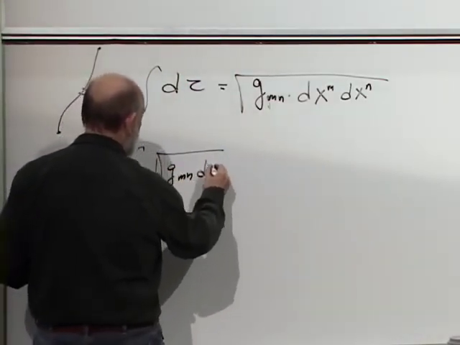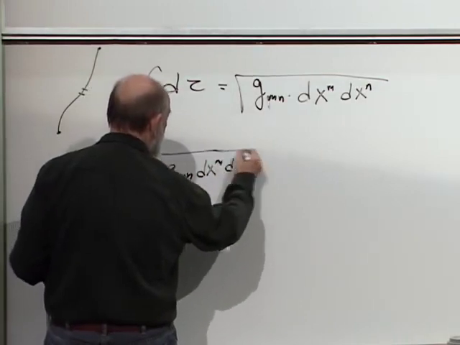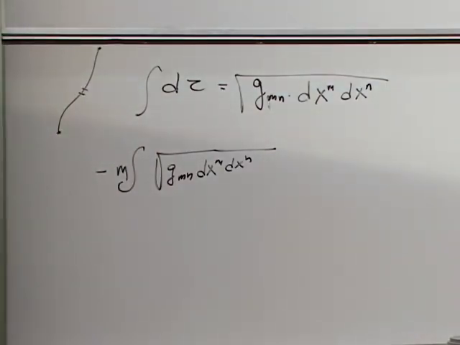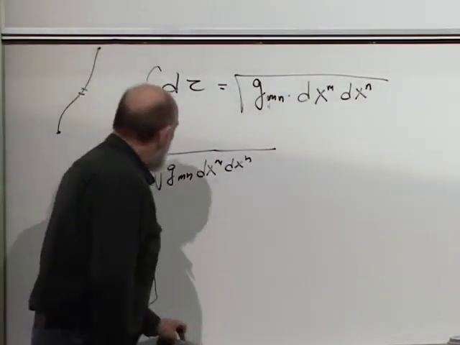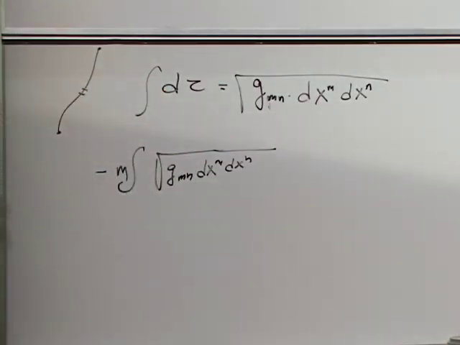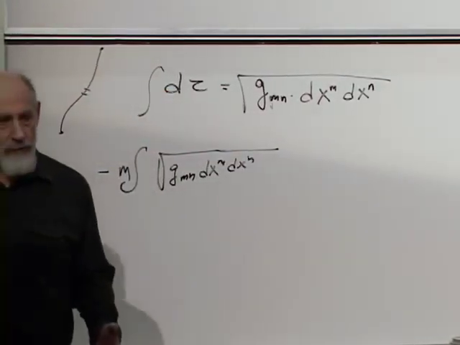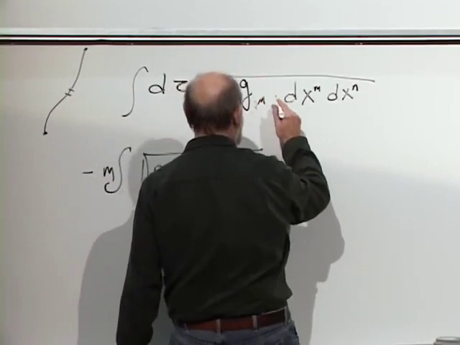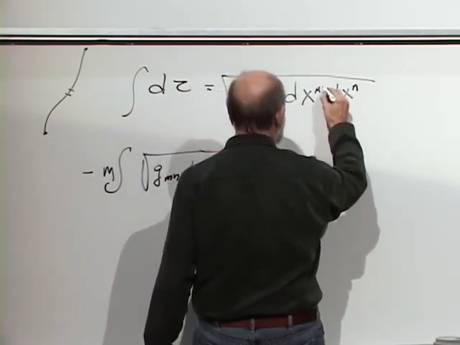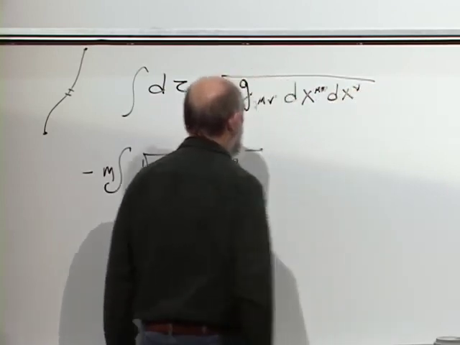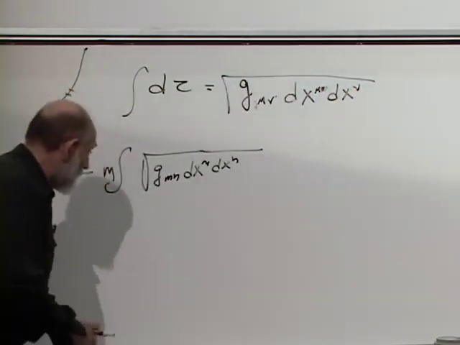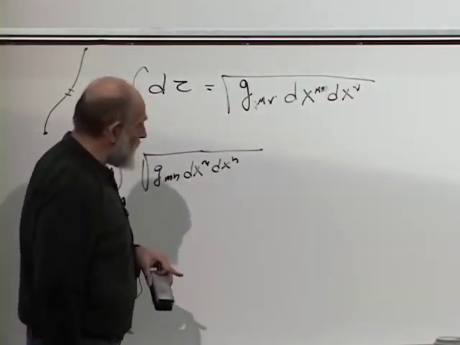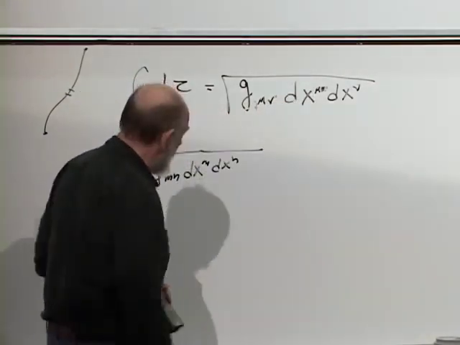g_mn dx^m dx^n, minus m. That's the minus m which appears here. Right? That's the action. Now what can I do to it to make it look more familiar? Pick one of the coordinates, a time coordinate. Let's pick time, x^0, and let's call it time. This is g_mu nu, and so forth, okay? And let's write this whole thing out. It first of all has the space-like components, in other words, when mu and nu are both space-like.